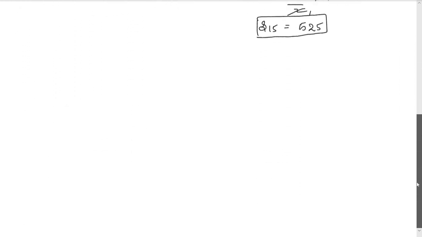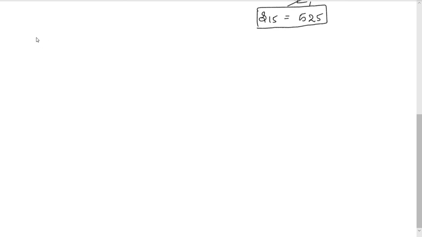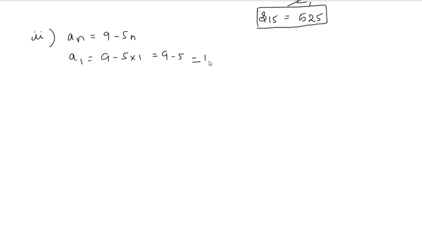See the second subdivision. What is given in the second subdivision? an is equal to 9 minus 5n. So a1 is equal to 9 minus 5 into 1, it means 9 minus 5 is equal to 4. a2 is equal to 9 minus 5 into 2, that is 9 minus 10 is equal to minus 1.